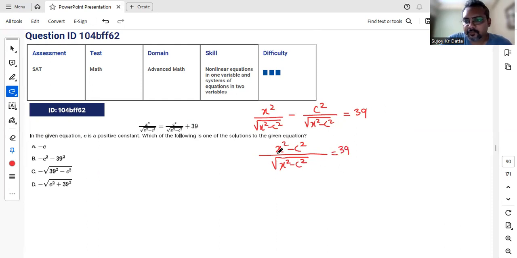Now if you think of x squared minus c squared as some k, then basically what you have is k over root of k. If I were to assume k is a squared minus c squared, okay.